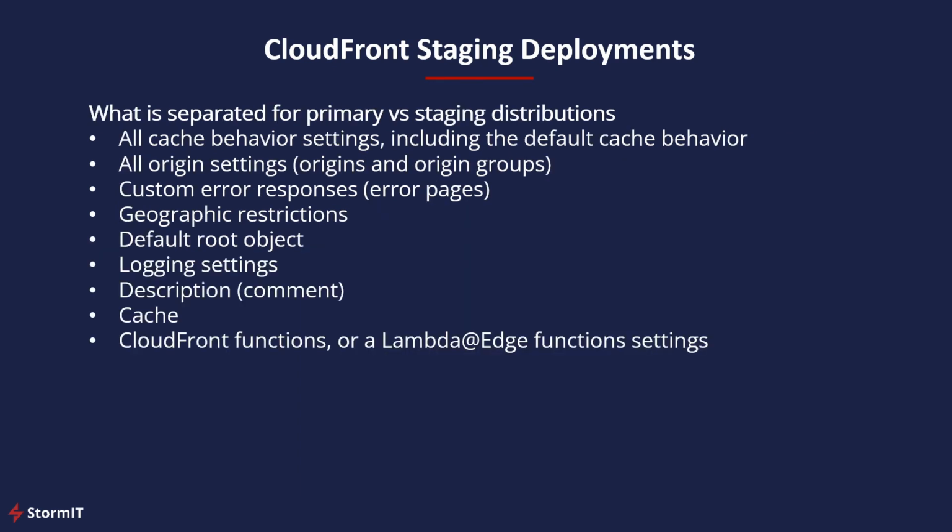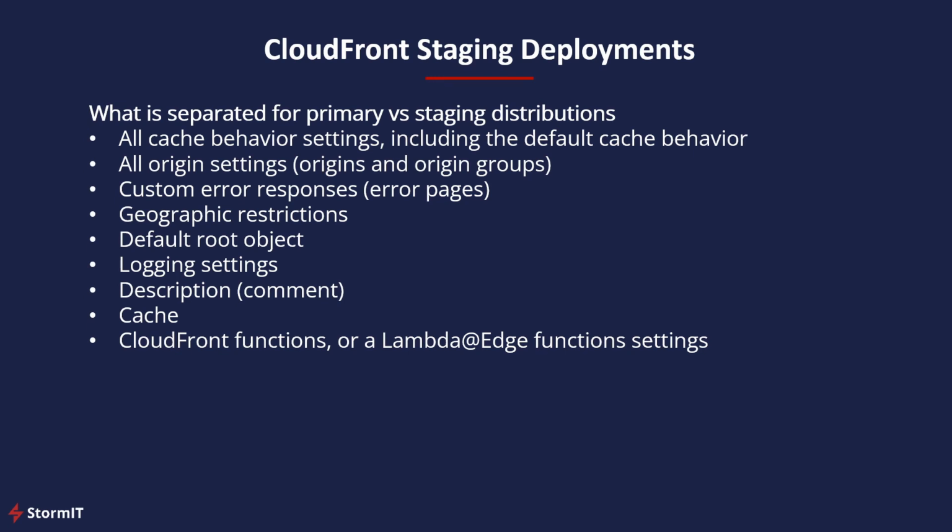And here we have a list of what is separated for the primary versus staging distribution. I actually think that there are a lot of things here, and I don't remember finding anything that is not in the staging distribution, basically. So you are able to change cache behaviors, origin settings, like you can switch the origin, for example, also custom error responses, geographic restrictions.